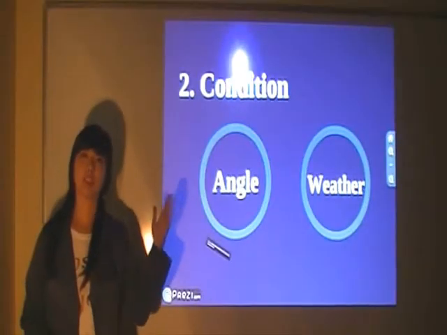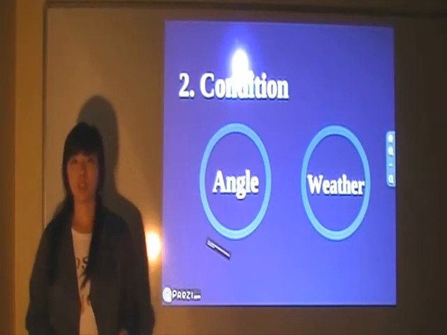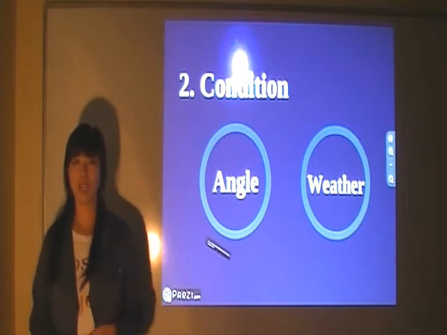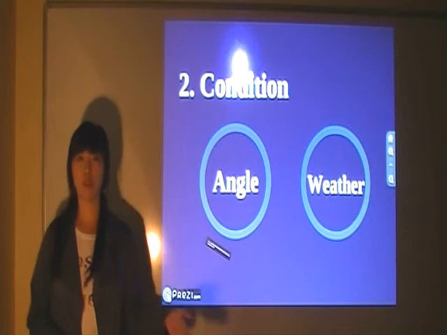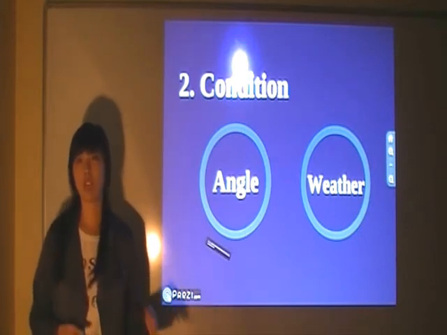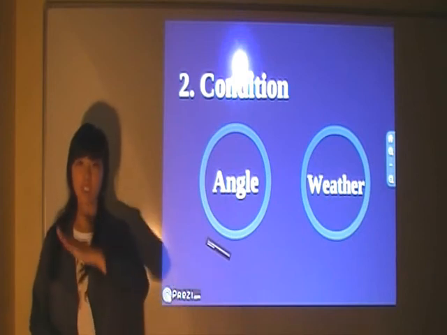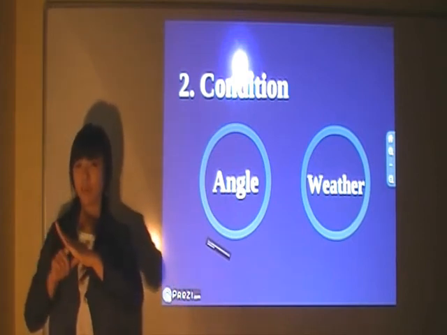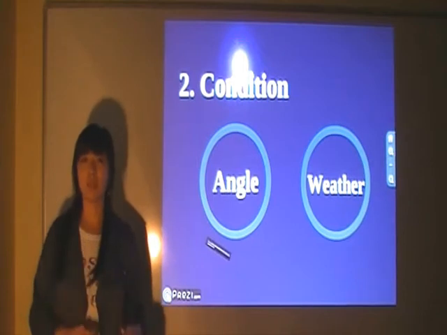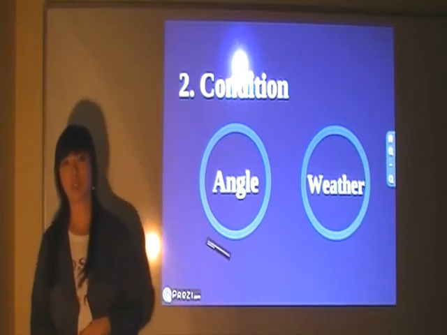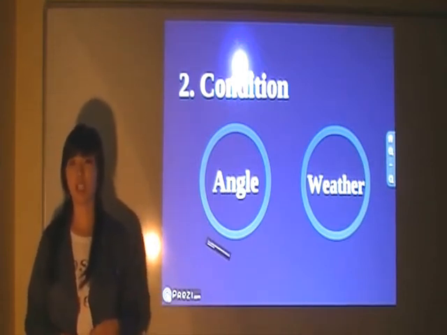Next, condition. As you know, solar power is influenced by the amount of sunshine. Imagine the system you saw before. In order to get the most amount of sunshine, panels are usually set up obliquely like this. The angle depends on the seasons or the location, especially the latitude.